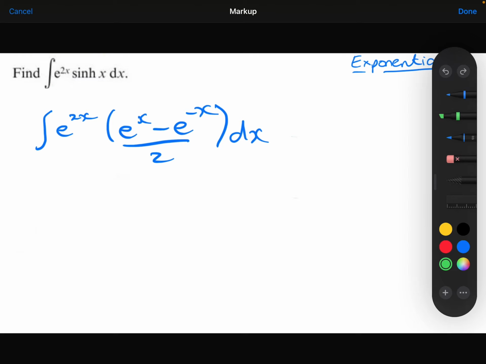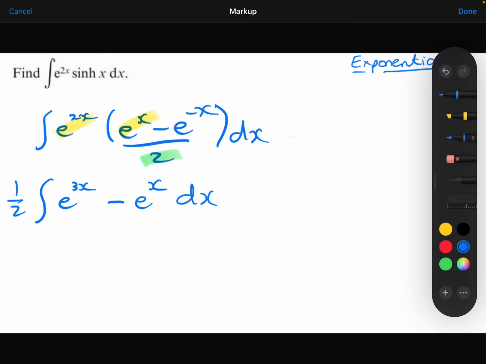I will then take the half outside the integral, and while I'm at it, I'm going to expand these brackets as well. So I'm going to have the e to the power 2x times e to the power x. So that's going to be e to the power 3x. E to the power 2x times e to the power minus x will be e to the power x.